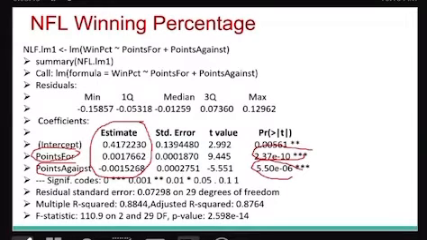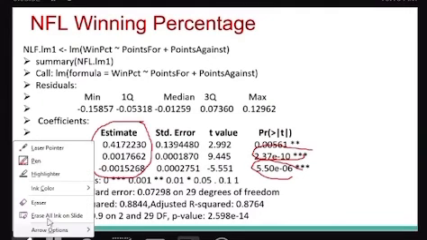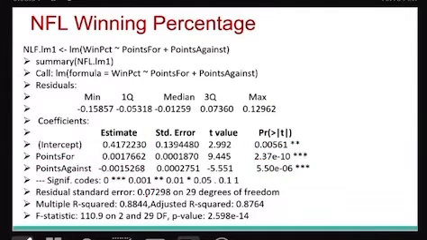Not only that, if you look at the R squared, it is 0.8844. If you multiply that by 100, it's 88.44%, which means points for and points against explain 88.44% of the 100% variation in the winning percentage. This suggests we've considered appropriate variables in this model.